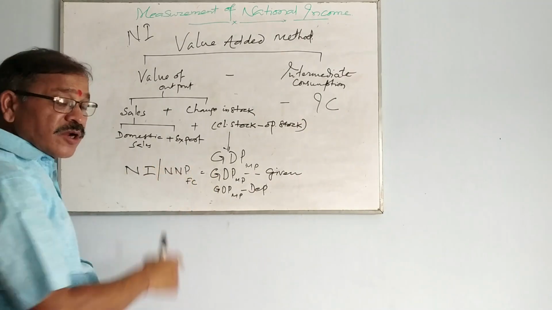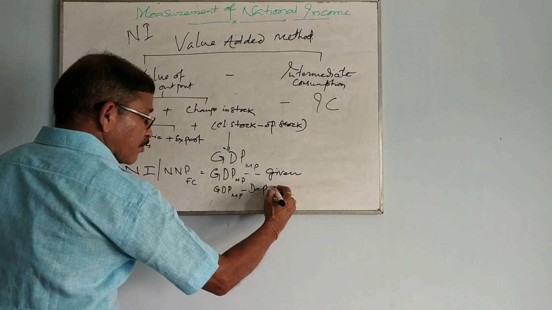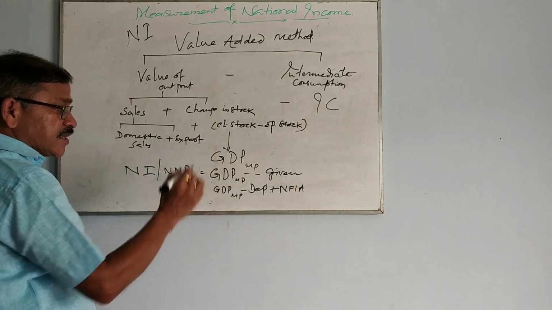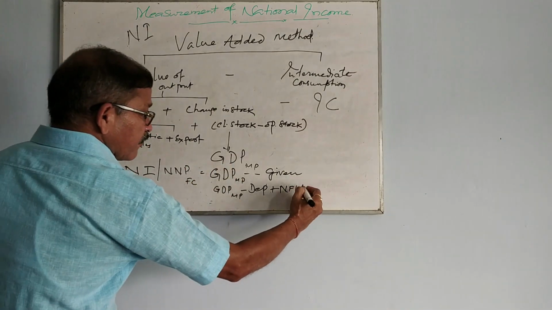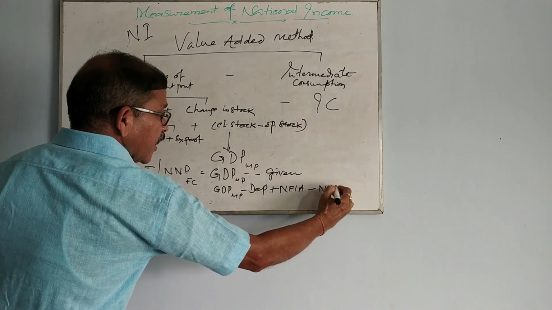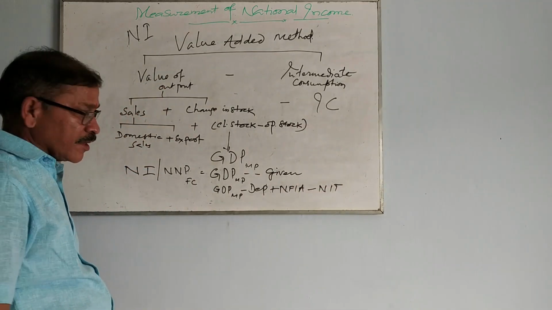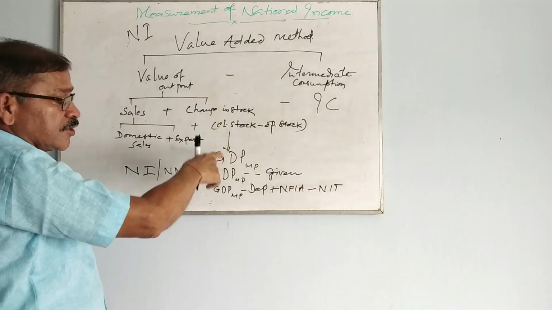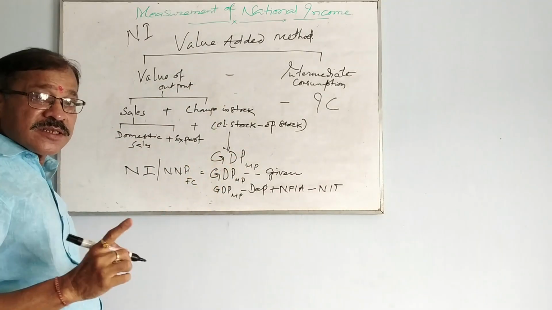Domestic is given. You have to find out national. That means plus NFI. MP is given. You have to find out FC. That is NI. Okay. So after doing all this exercise, you are getting GDP-MP, but that is not asked.